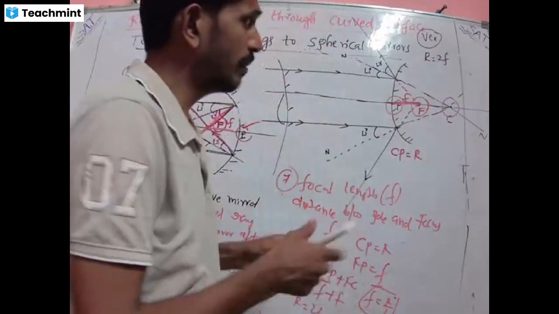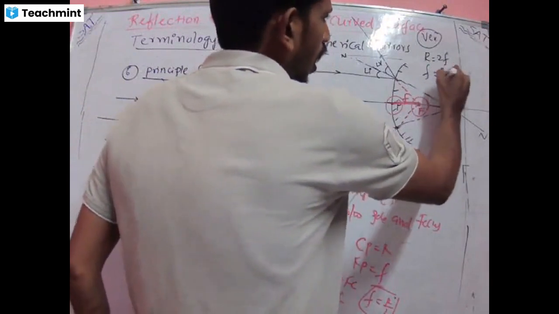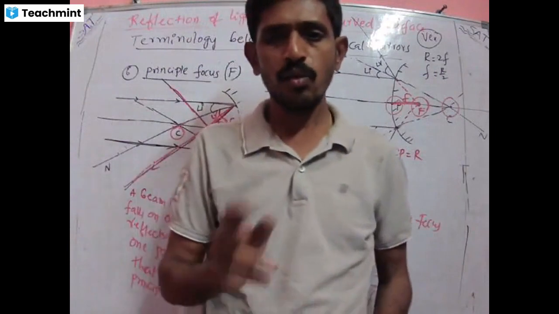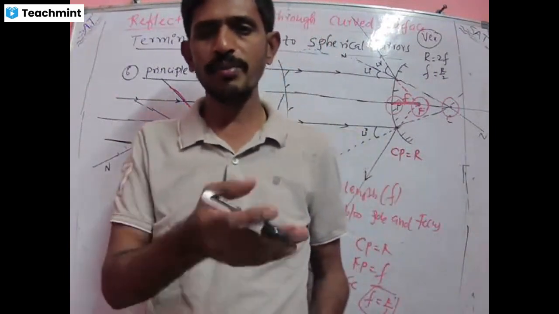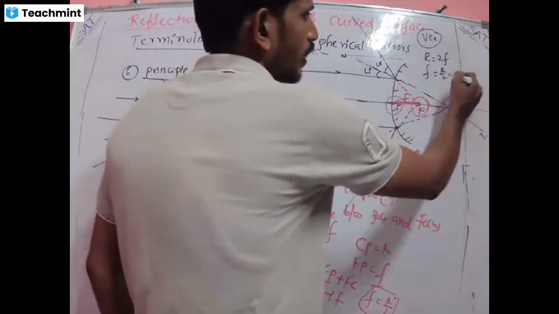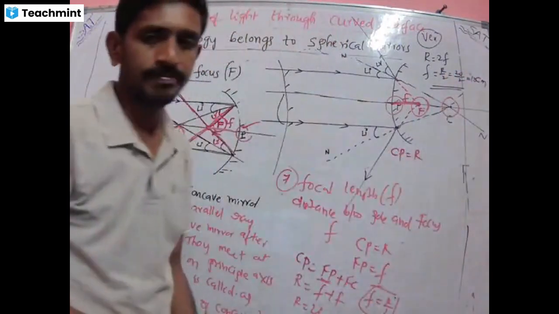Otherwise, focal length is R by 2, half of the radius. If the radius of curvature is 20 centimeter, the focal length of the mirror is 20 by 2, that is 10 centimeter.